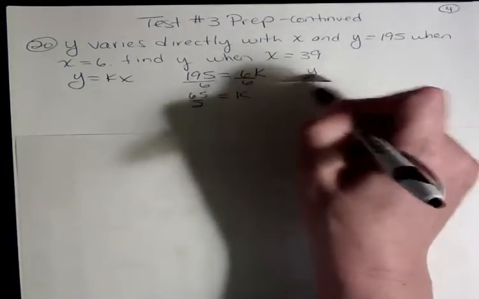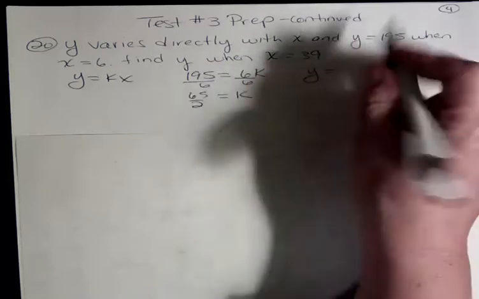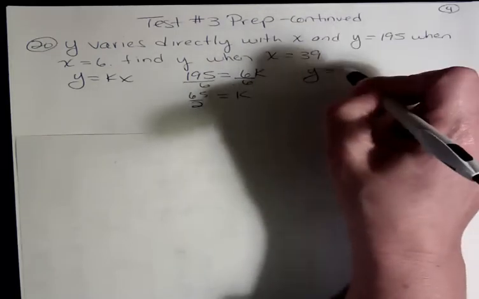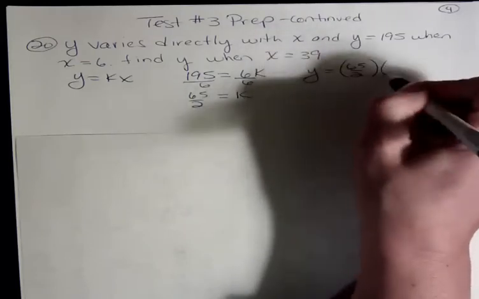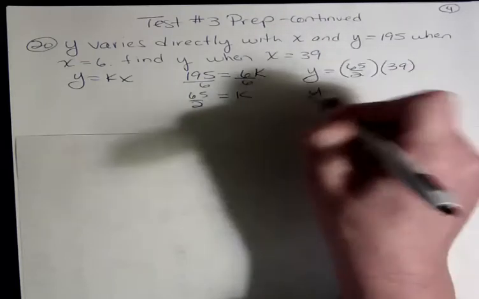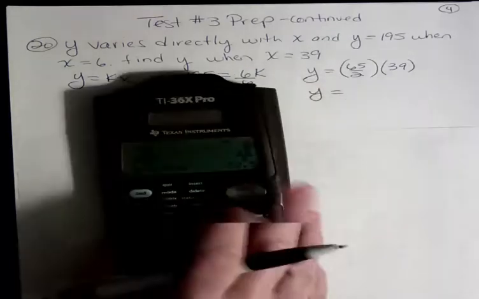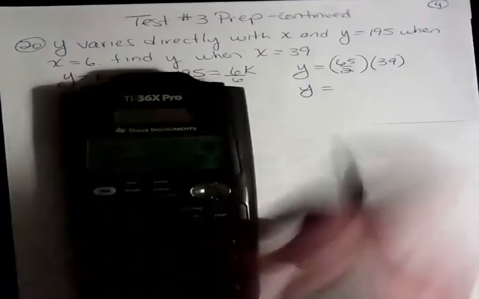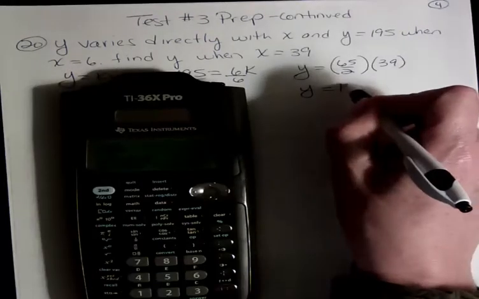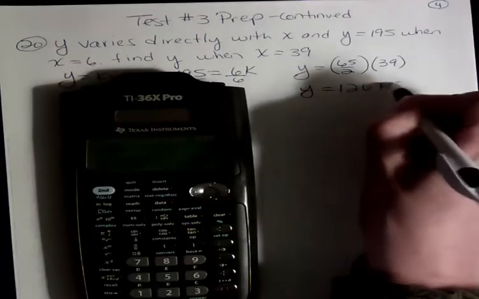And then we want to know, what if x was 39? So we know that k is 65/2, and we know x is 39, and we want to multiply those together to find out what y would be, and that would be 1,267.5.